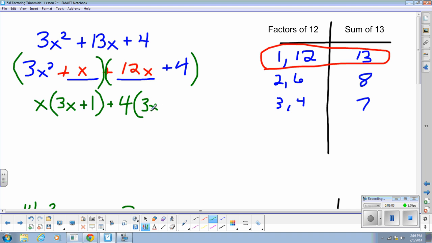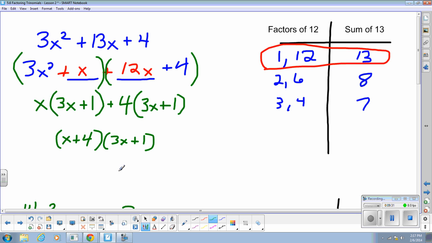That's a good thing because I have 3x in the other set of parentheses. 4 divided by 4 is plus 1. So have I created a common factor inside the parentheses? Yes, I have. That means I will now write x plus 4 times 3x plus 1. And now I have factored the trinomial.